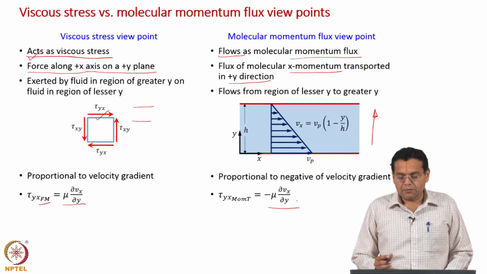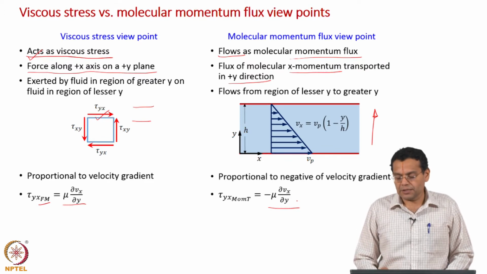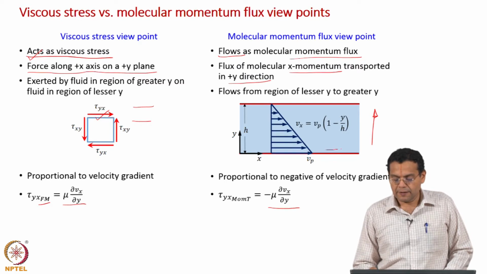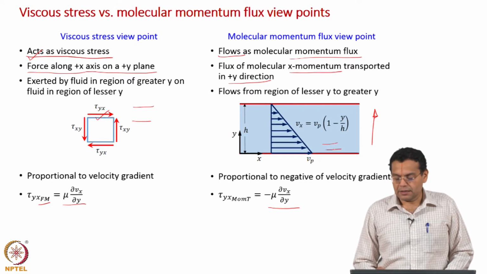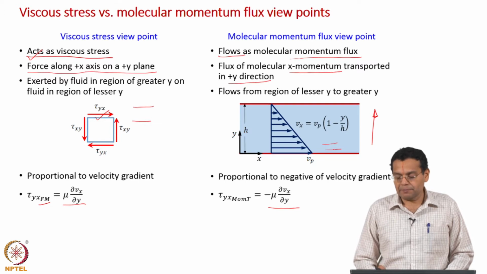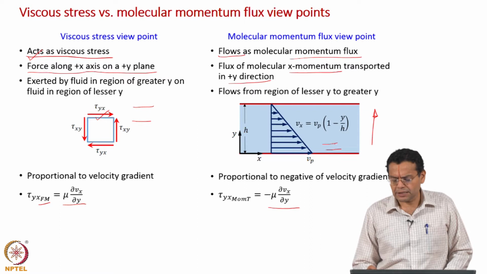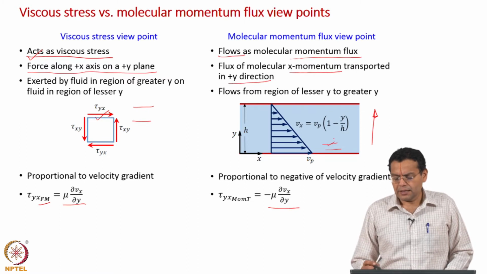Now for the molecular momentum flux, what we said was we have molecules at a higher velocity, and when they go to a layer above them, they carry with them higher x momentum and hence transport x momentum to the layer above.